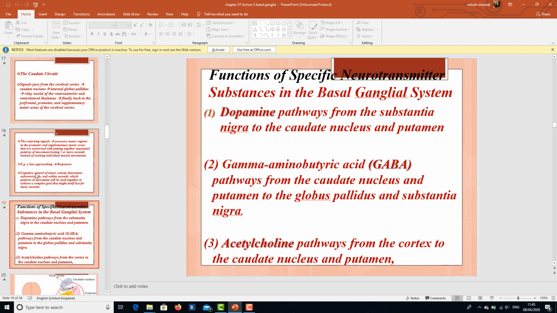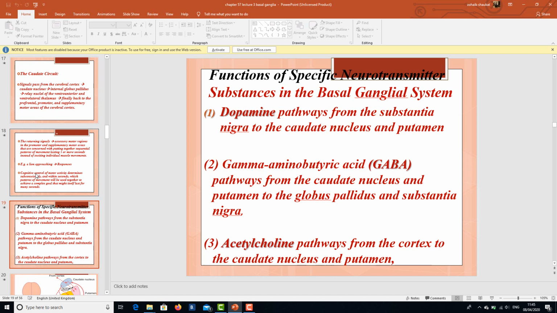Now, functions of specific neurotransmitter substances in the basal ganglia. You can be asked about the basal ganglia neurotransmitters. Dopamine pathways go from the substantia nigra to the caudate nucleus and putamen.